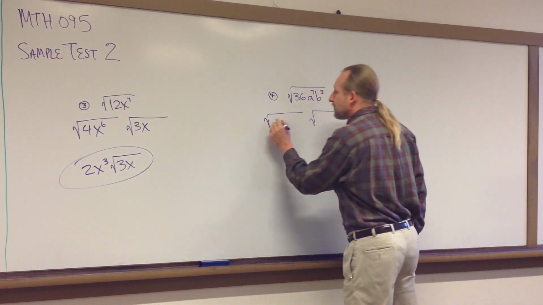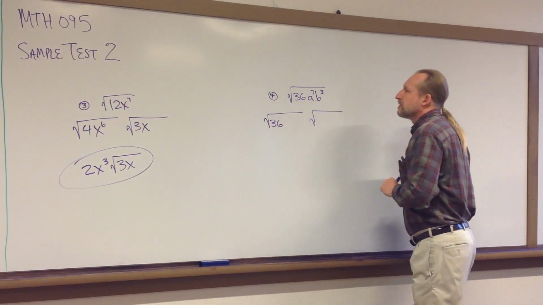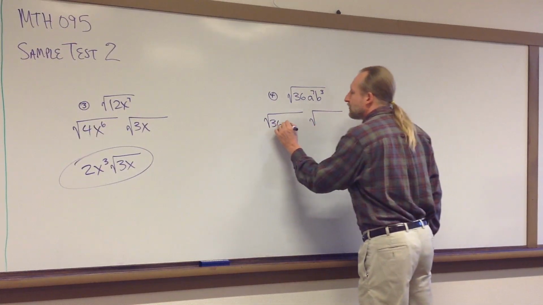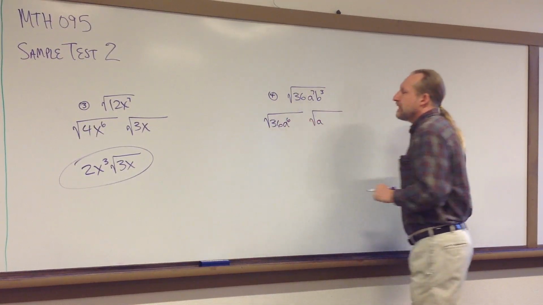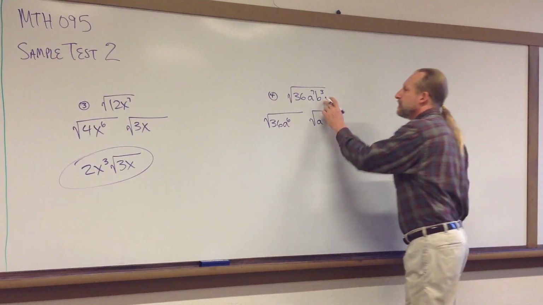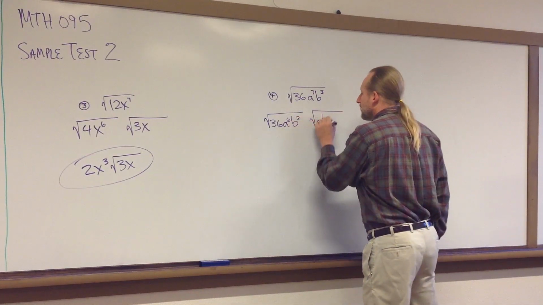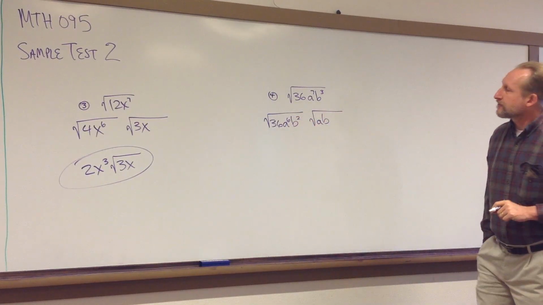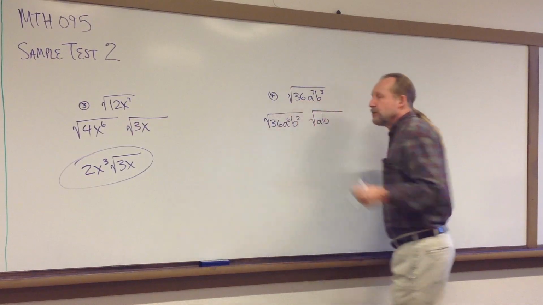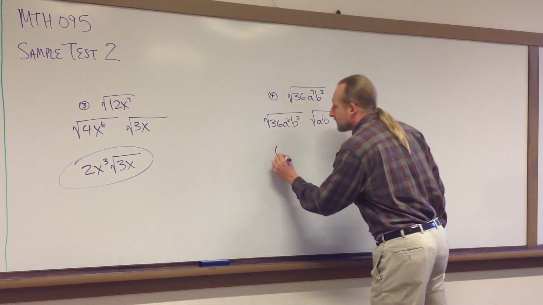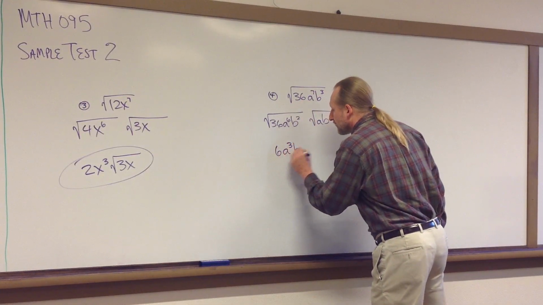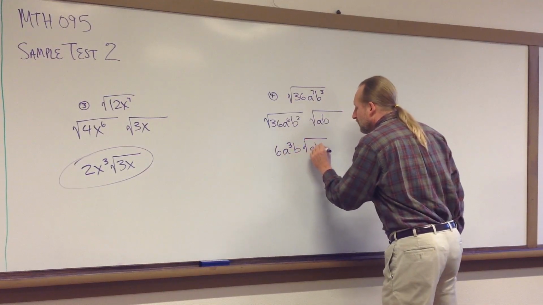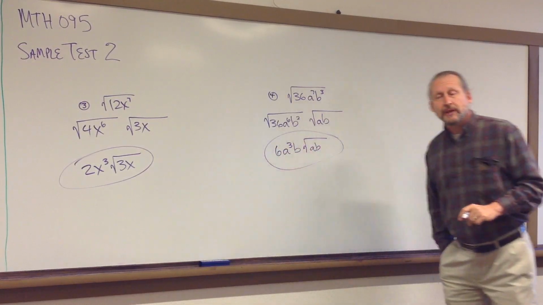The 36 is a perfect square. That's great. With the a's, we can put a to the 6th here and a to the 1st here. And with the b's, we can put b squared here and b to the 1st over here. Now, let's square root all these perfect squares. We're going to get 6, a to the 3rd, b to the 1st, and we'll be left with a square root ab.